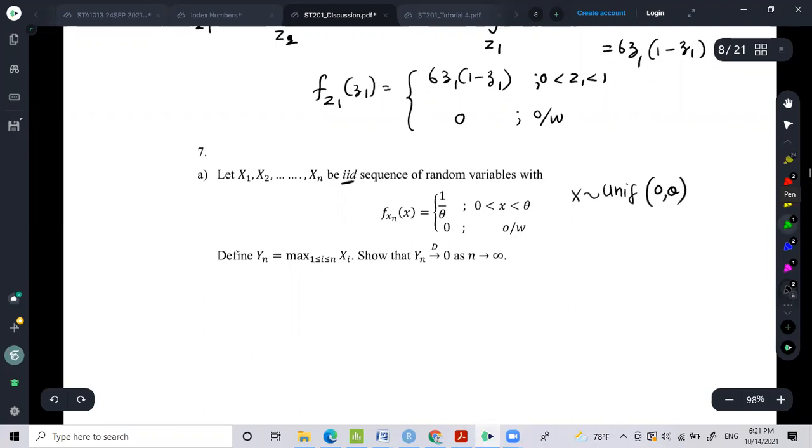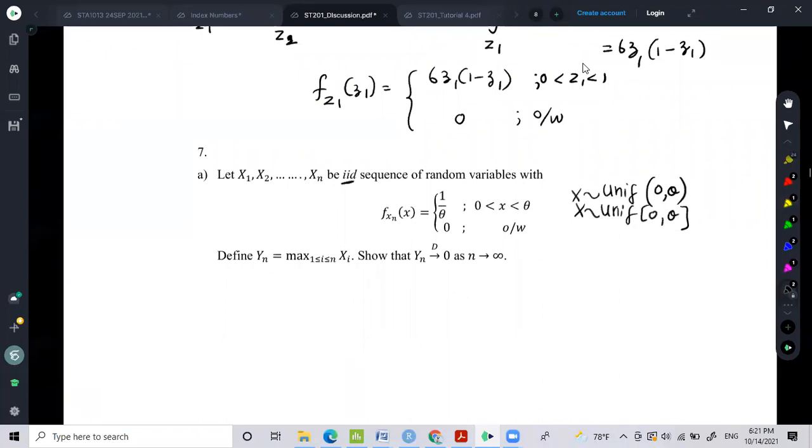0 to theta. Now, what is the difference between these two? What is the difference between the first one and the second one? Parenthesis, square, and another one.